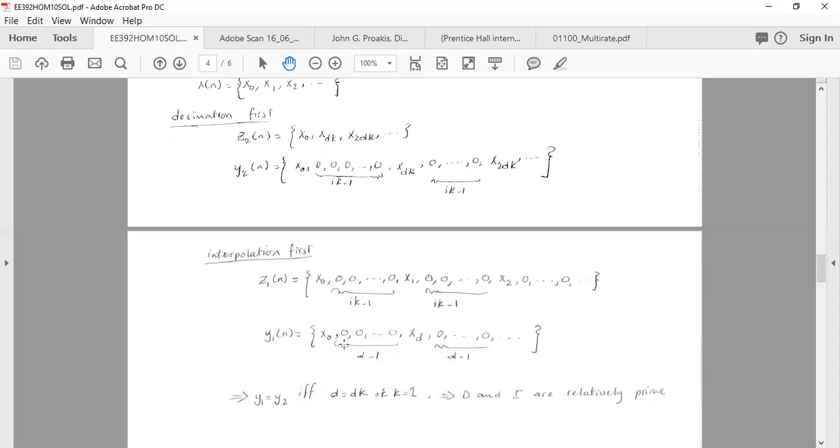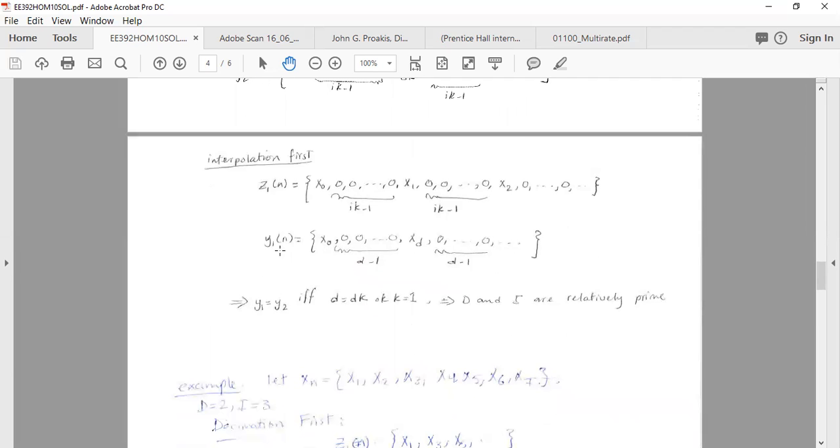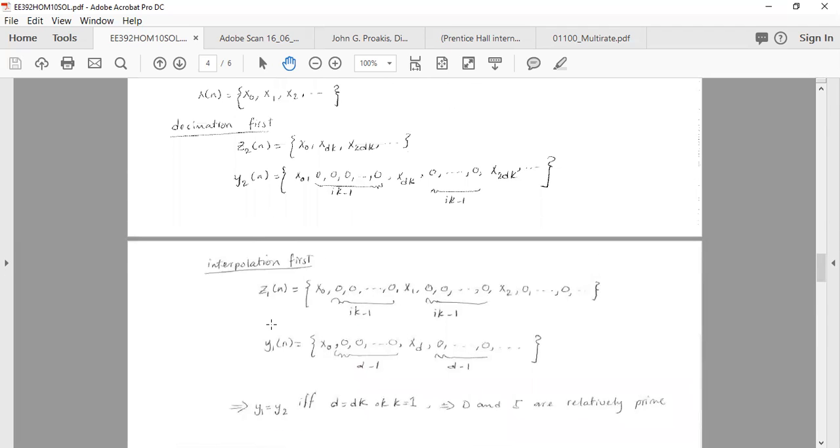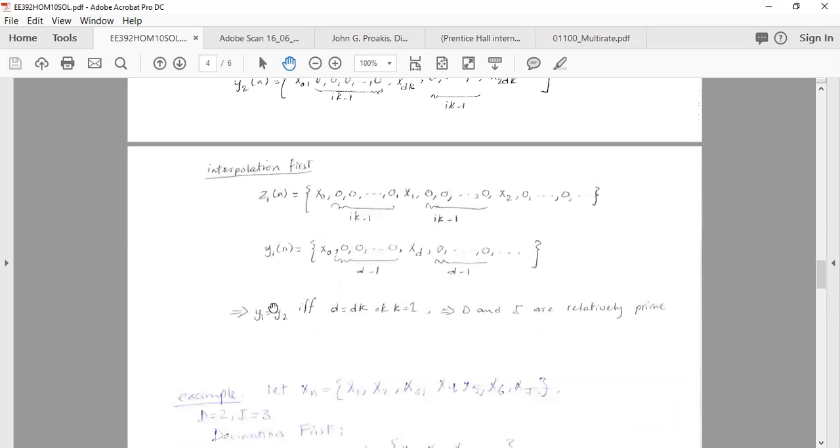So we have a sequence of such. In that particular case, in order for y1 of n and y2 of n to be equal, d is equal to dk and I is equal to ik.